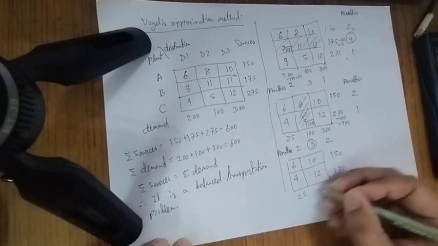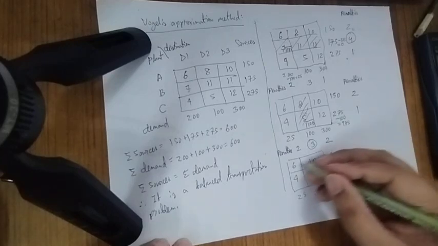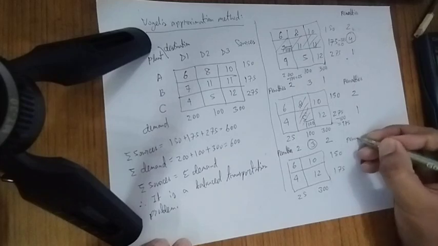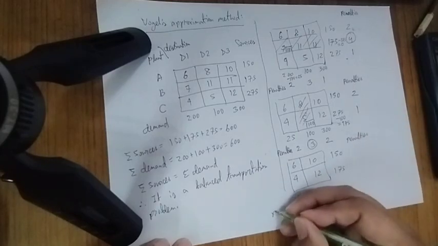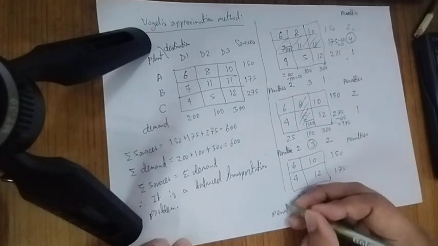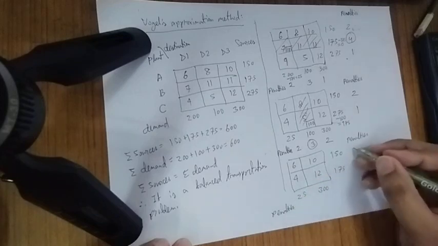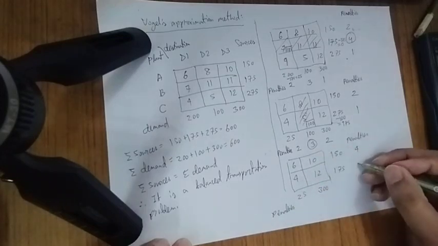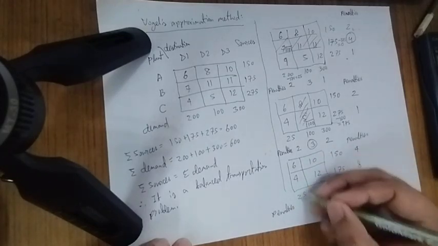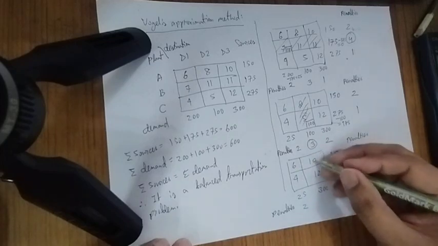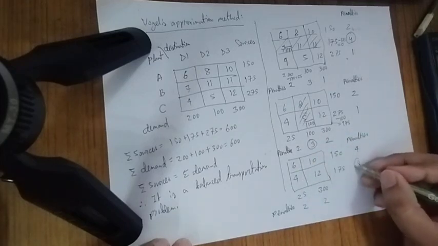The sources are 150 and 175, and the demands are 25 and 300. Now again we have to calculate the penalties, row wise and column wise. The maximum value is 8.